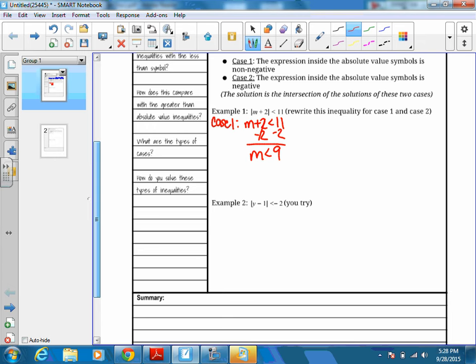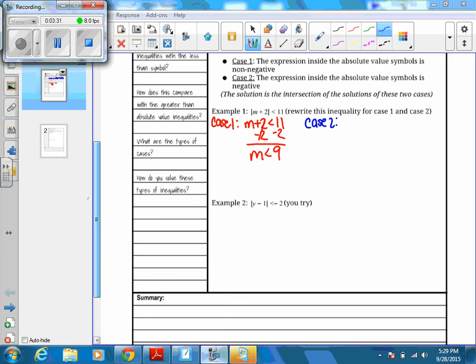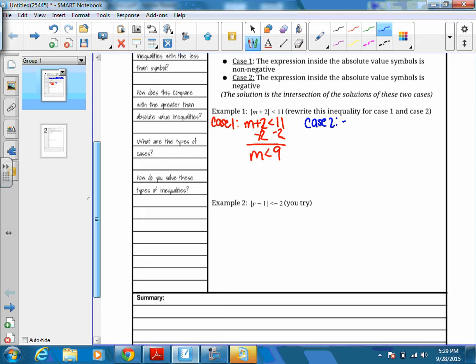Let's talk about case 2, when the inside is negative. I'll take a negative, and let's do negative of m plus 2 is less than 11.